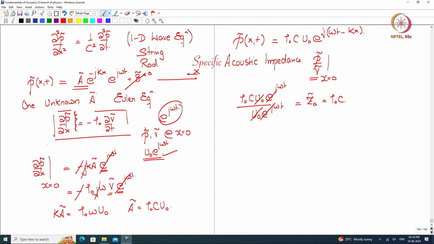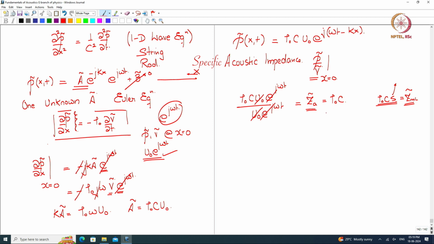In the case of the rod, you had got rho 0 c S as the mechanical impedance. So you can see that between mechanical impedance and acoustic impedance there is a cross-section area difference, nothing else.